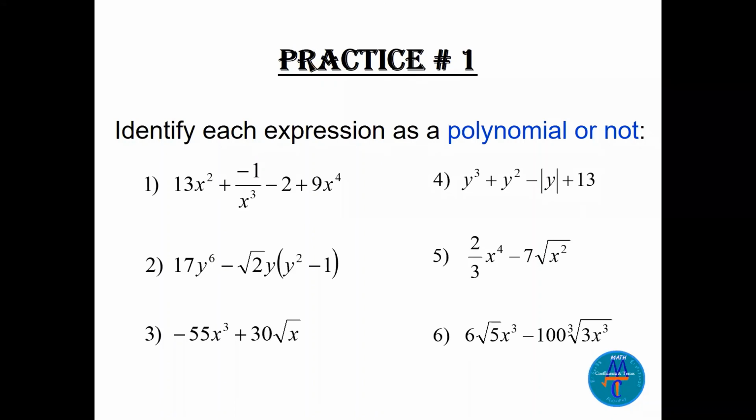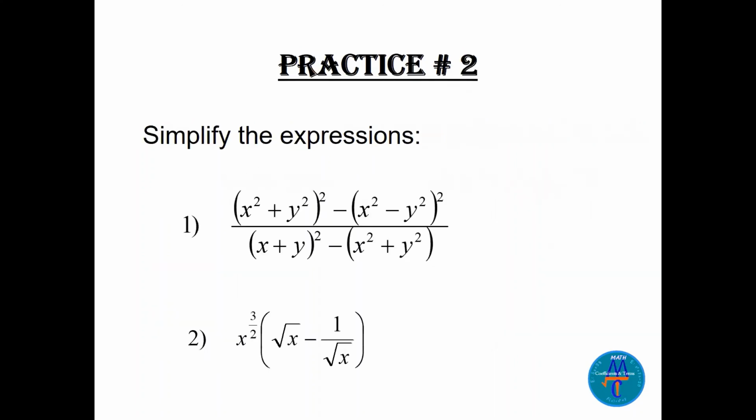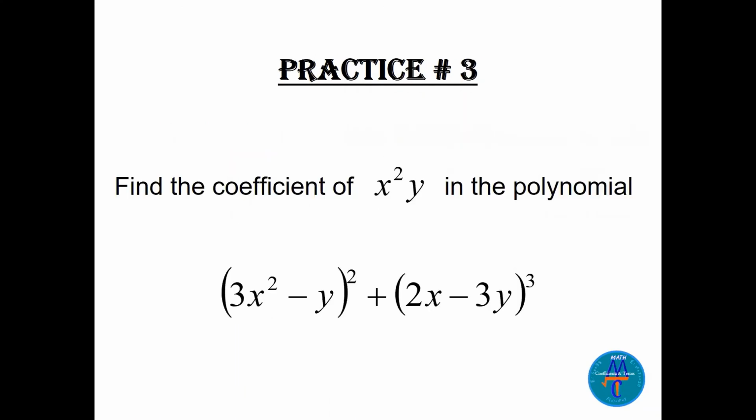Now we have reached the practice questions. Please answer these. There are 6 parts here in practice number 1. Which one is a polynomial? Which one is not a polynomial? Practice number 2, simplify the expressions. There is 1 and 2. Practice number 3, find the coefficient of x squared y in this polynomial, squared plus cubed.